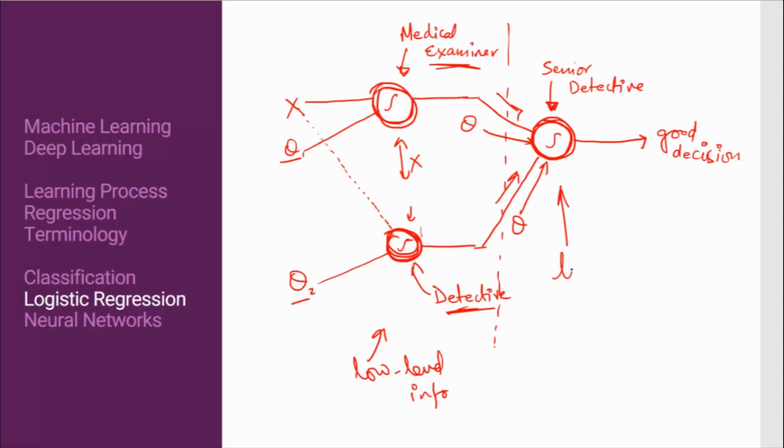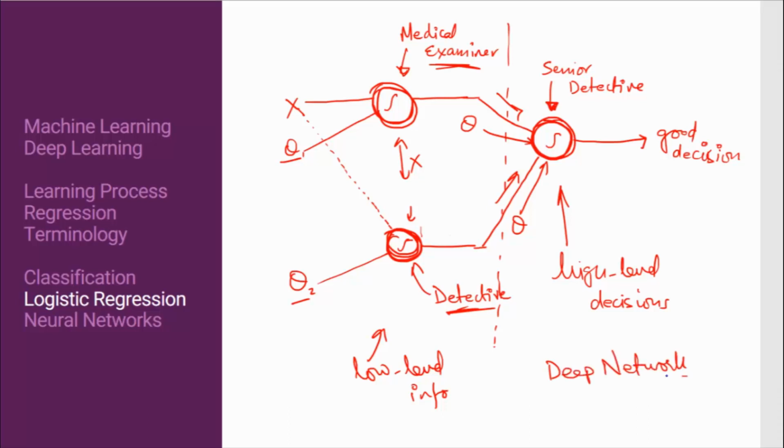So this guy can make high-level decisions because it's able to offload some of the work to the low-level workers, right? So essentially what we have over here is a deep network.